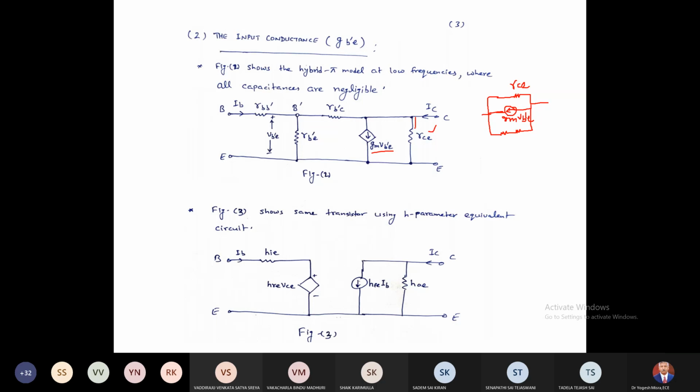One, it is coming here. Second, it is coming here, and third part is coming there, like this. Suppose this is I. This is my I, and here IC is coming. This is IC. So here we have I in this loop, and it is flowing like this, right?